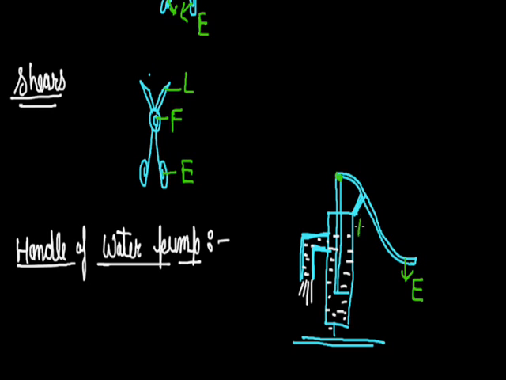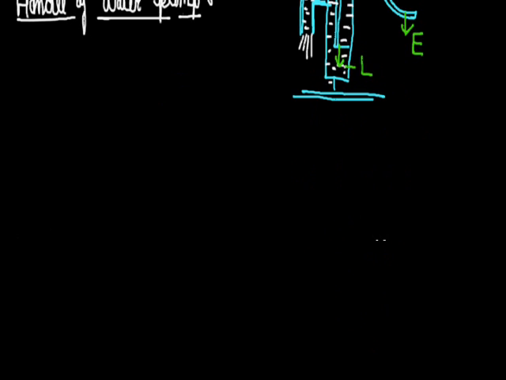So this will be the fulcrum about which the handle moves, and here is the load. So again the fulcrum is in between the load and effort. So this is also an example of a first class lever.